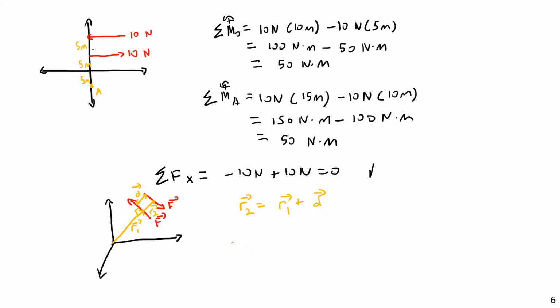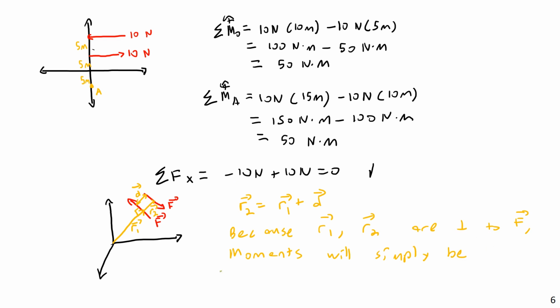And if I take moments, I will find, because these are simply multiplications, because R1 and R2 are perpendicular to the force vectors, the moments will simply be the magnitude of each of these.